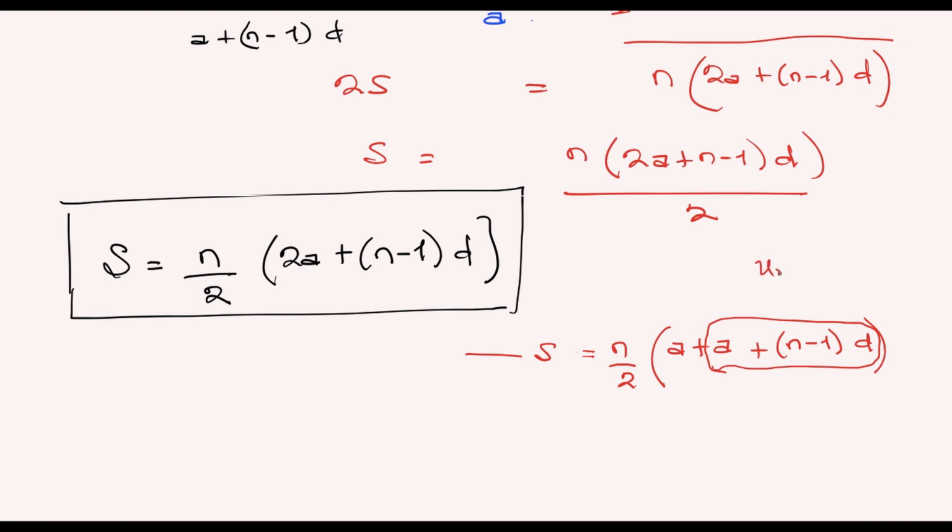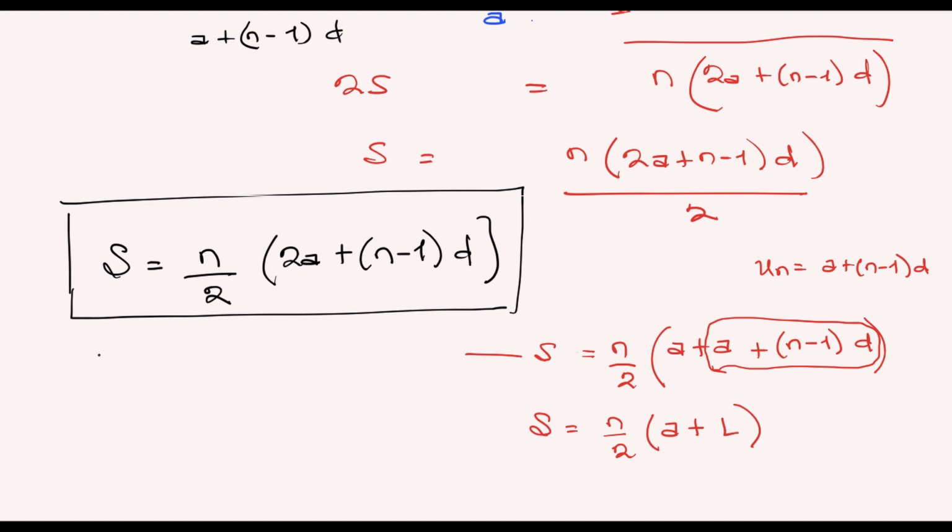Don't forget that this is u_n from what we have looked at before. So this is the final term of our arithmetic progression. So we can replace this here by the final term. So we can say that S is equal to n over 2 times (a plus l), where l is the final term of our arithmetic progression.